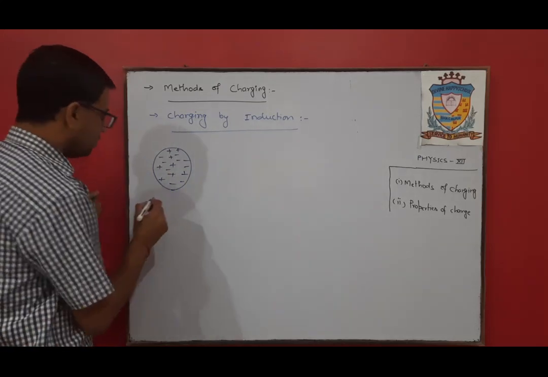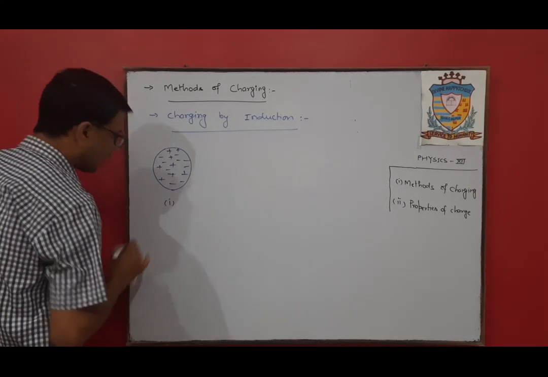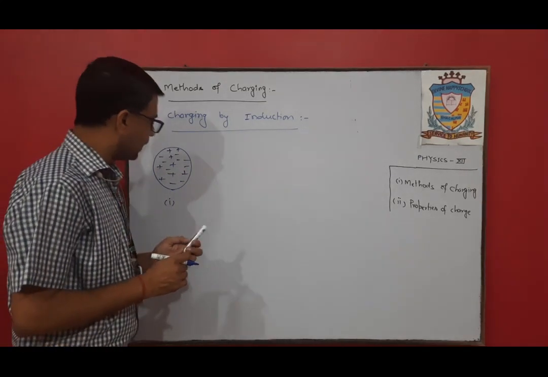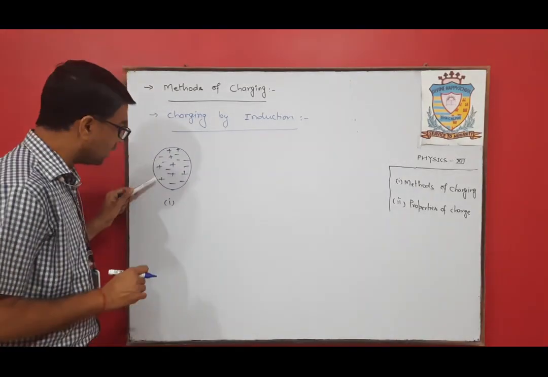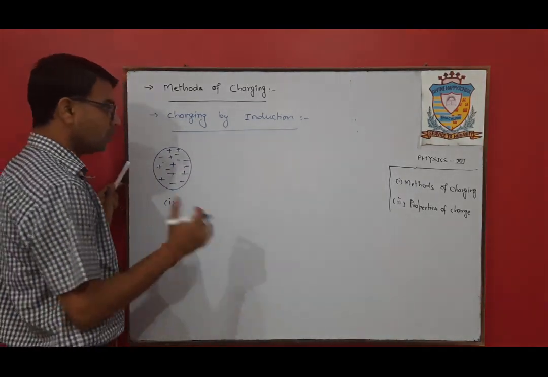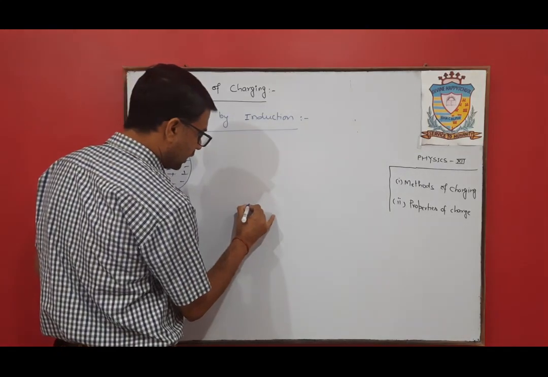Okay, so this is figure 1. Now if we place a charged rod near this metal sphere, what will happen?